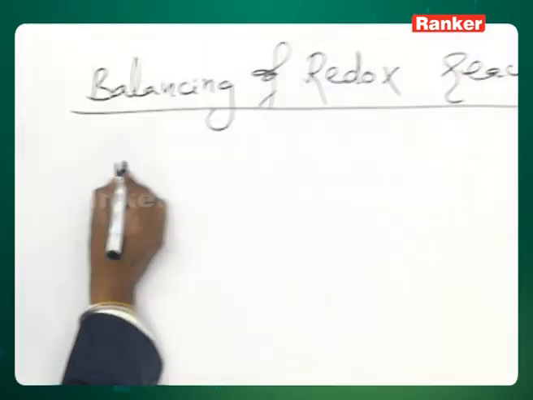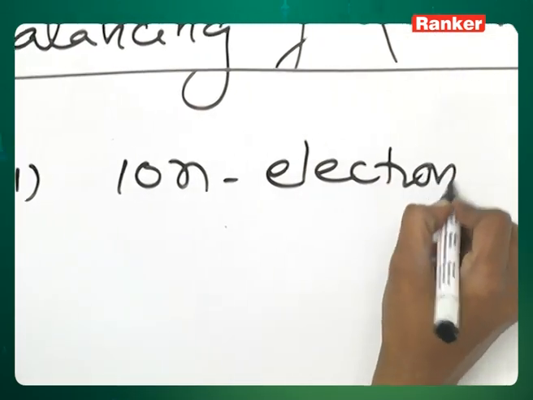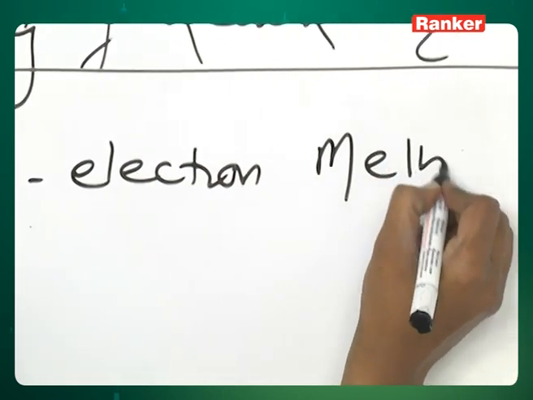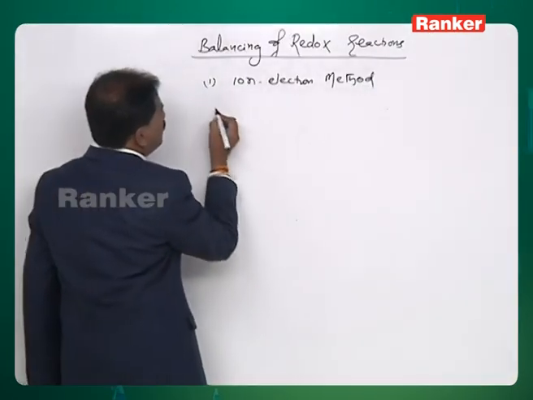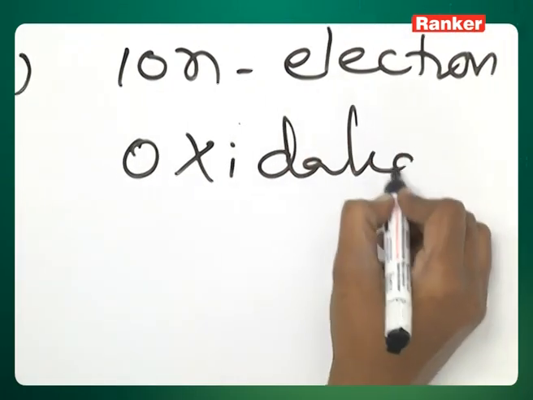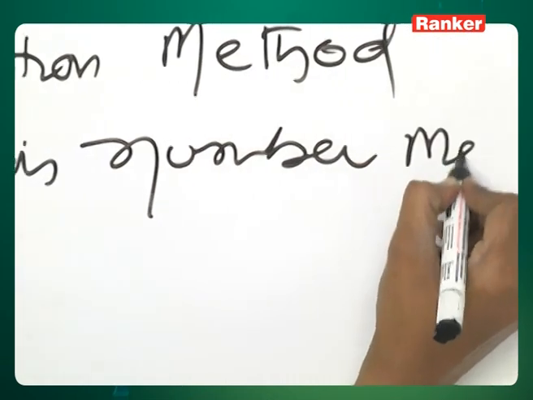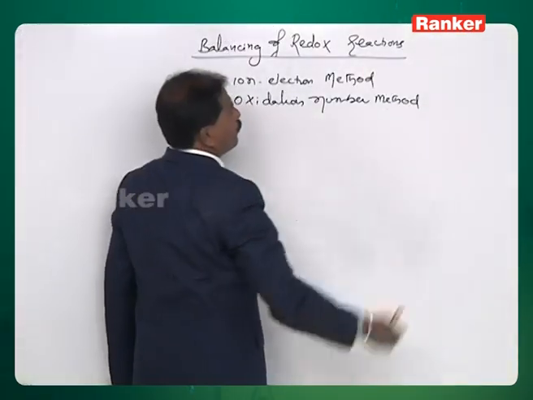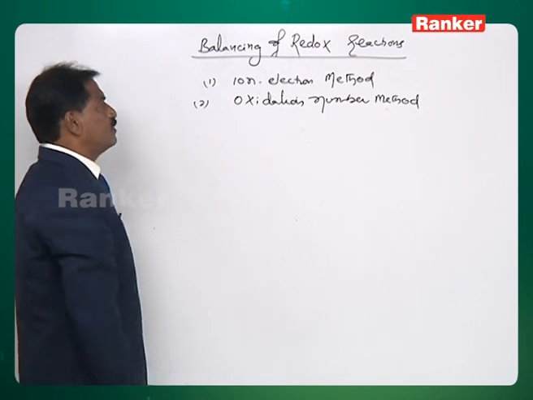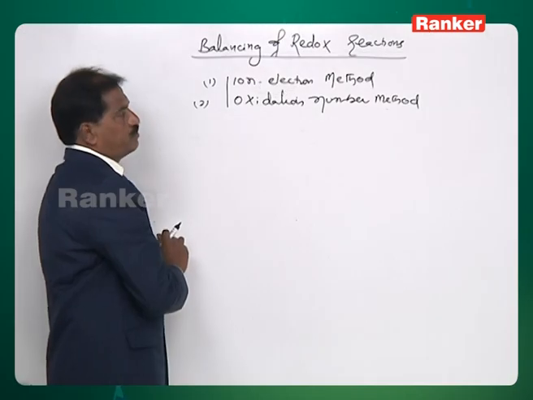One is the ion-electron method. The second one is the oxidation number method. These are the two methods that exist to balance any redox reaction.